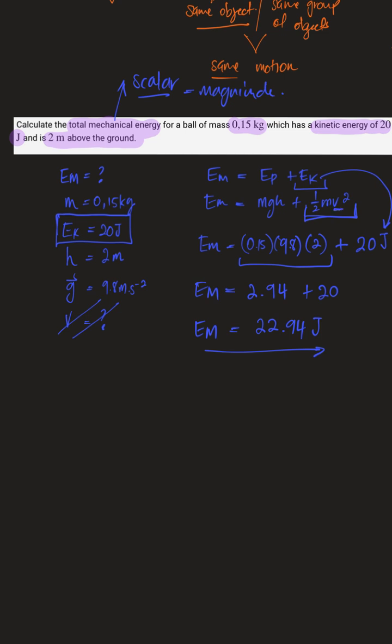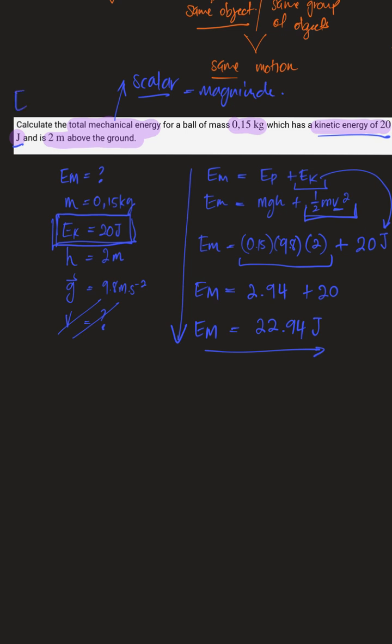You needed EK, which they gave you. In the question, they said the kinetic energy is 20 joules. So that's how you work a calculation like this. Please make sure you write down the formula, you expand, you substitute, you do the addition, you answer the final question. All right, let's have a look at another example.